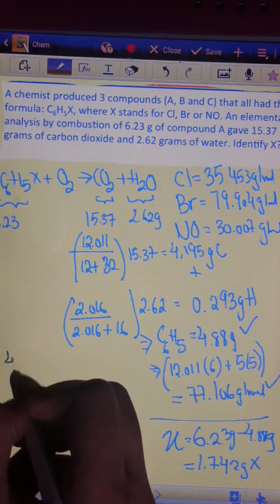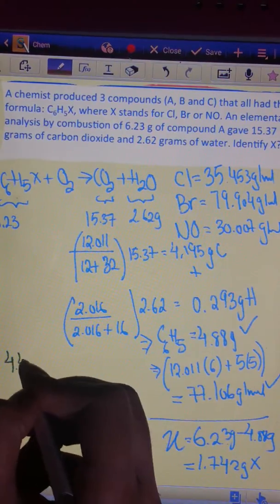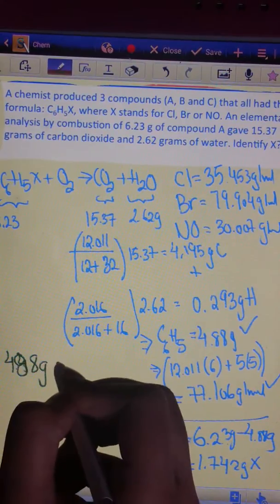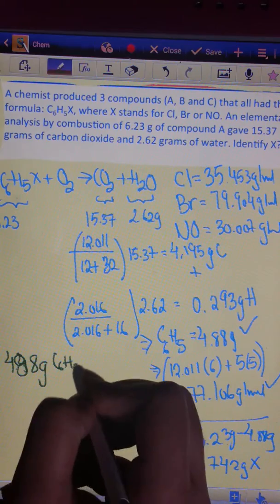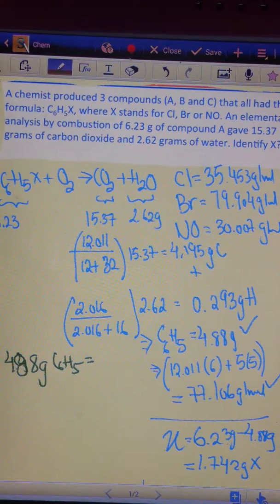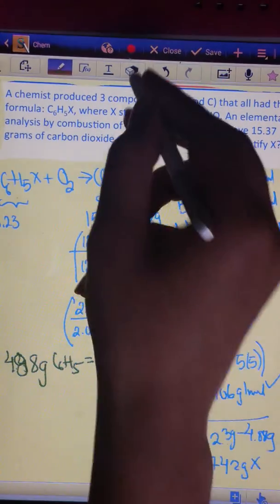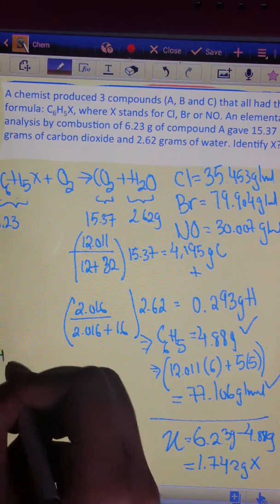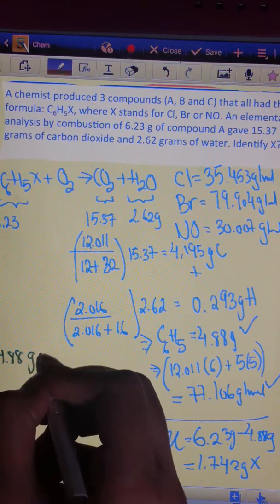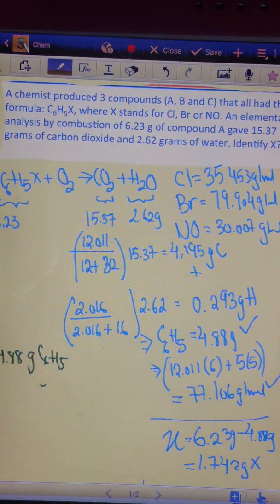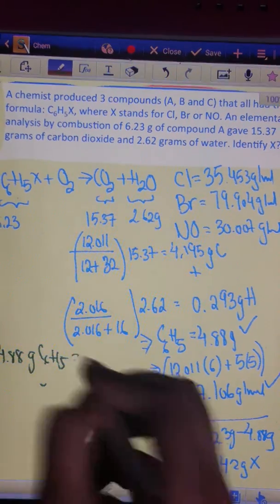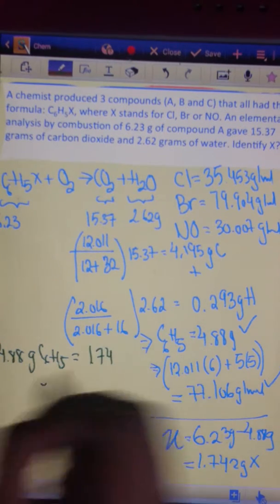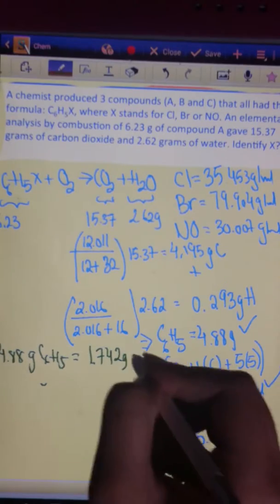We have 4.88 grams of C6H5 is equal to 1.742 grams of X.